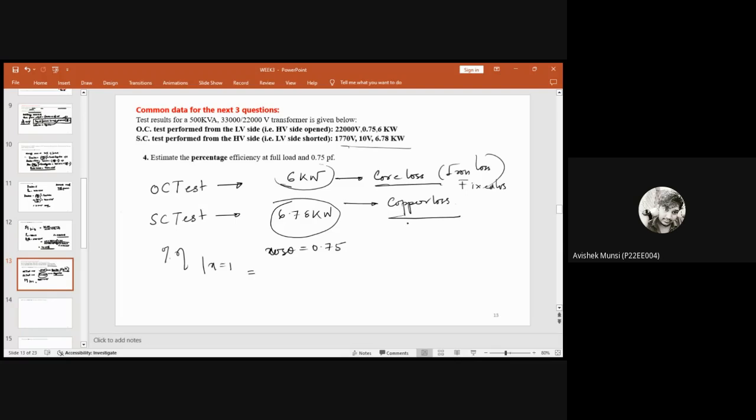We have to calculate the maximum current, the HV current, and then calculate the copper loss at that current, and then we can put that in the formula. If you put this as the copper loss, then the answer will be different. That will not match the original answer. Okay, so keep it in mind. First, try to calculate the copper loss at the maximum current, the rated HV current.